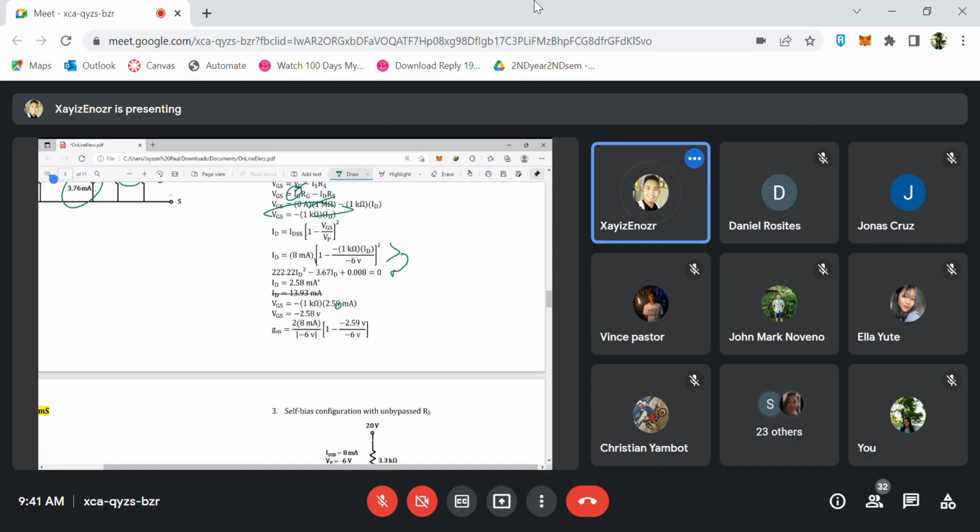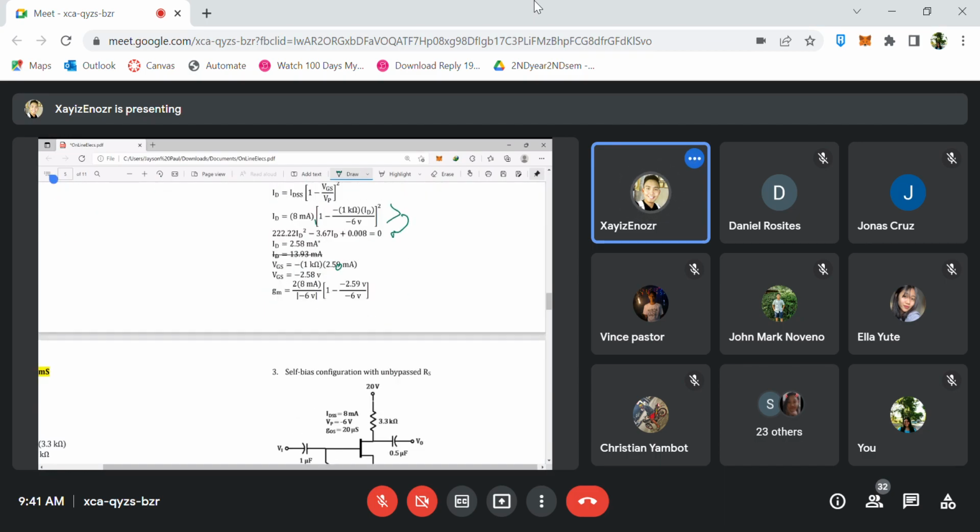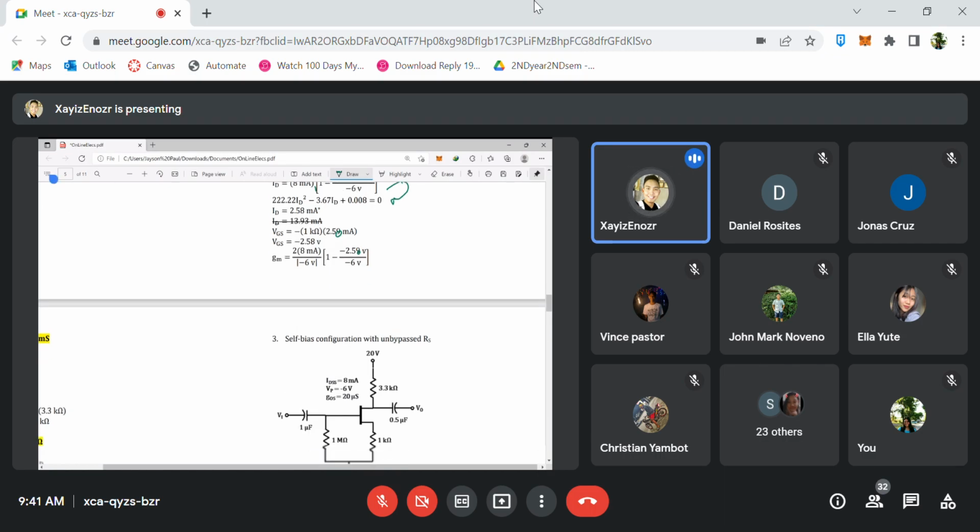Pag nakuha na si VGS, we can now determine si GM. Substitute mo lang din sa formula ng GM, 2 times 8 milliamperes over negative 6 volts, multiplied by 1 minus negative 2.58 over negative 6.